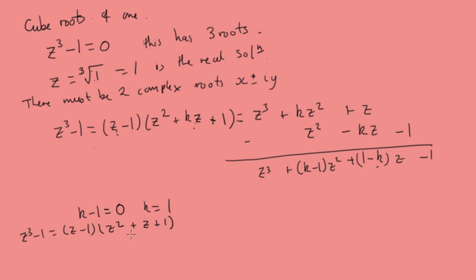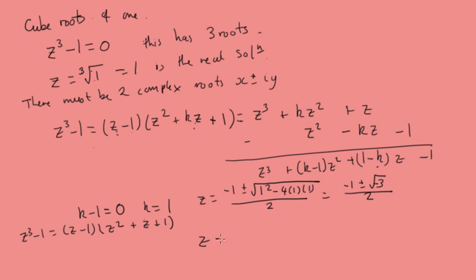And now we can solve this bit using the quadratic formula. So z is going to be equal to minus 1 plus or minus the square root of 1 squared minus 4, over 2, which comes out at minus 1 plus or minus root of minus 3, over 2.